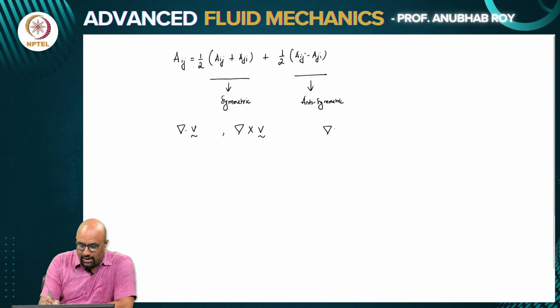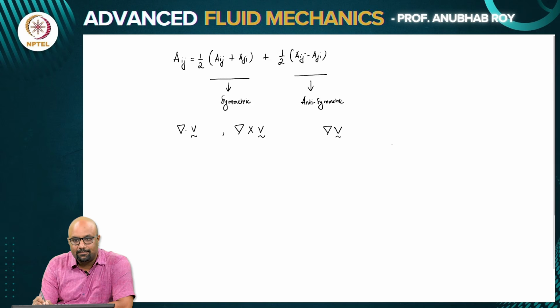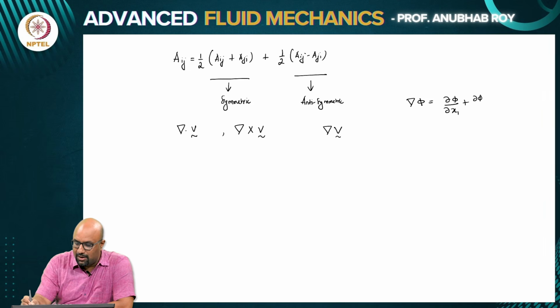There will be another quantity we get introduced to, which is the gradient of velocity. The gradient of any scalar function phi would be dou phi dou x1, dou phi dou x2, dou phi dou x3, where x1, x2, x3 are the coordinates.